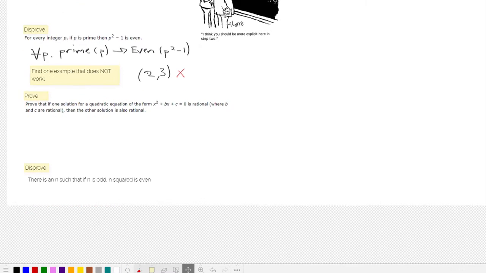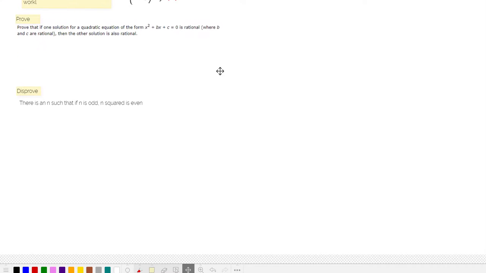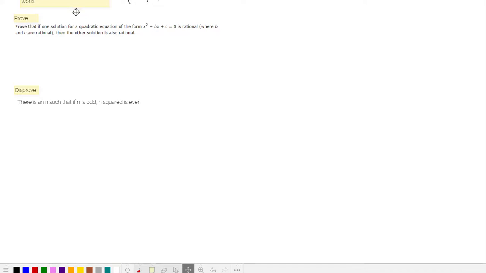Right, so unfortunately that finishes the easy examples, and a majority of your homework problems fall into that category. I did include a couple where we have to use the method of generalization. So here's one where we need to prove that if one root of this is rational, then the other root is rational.